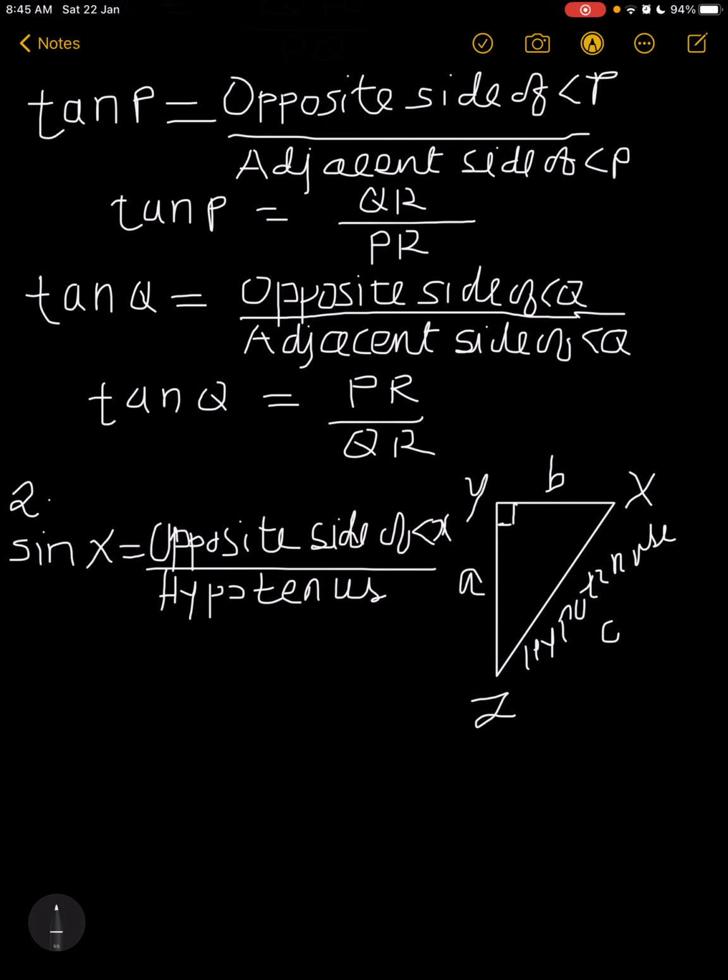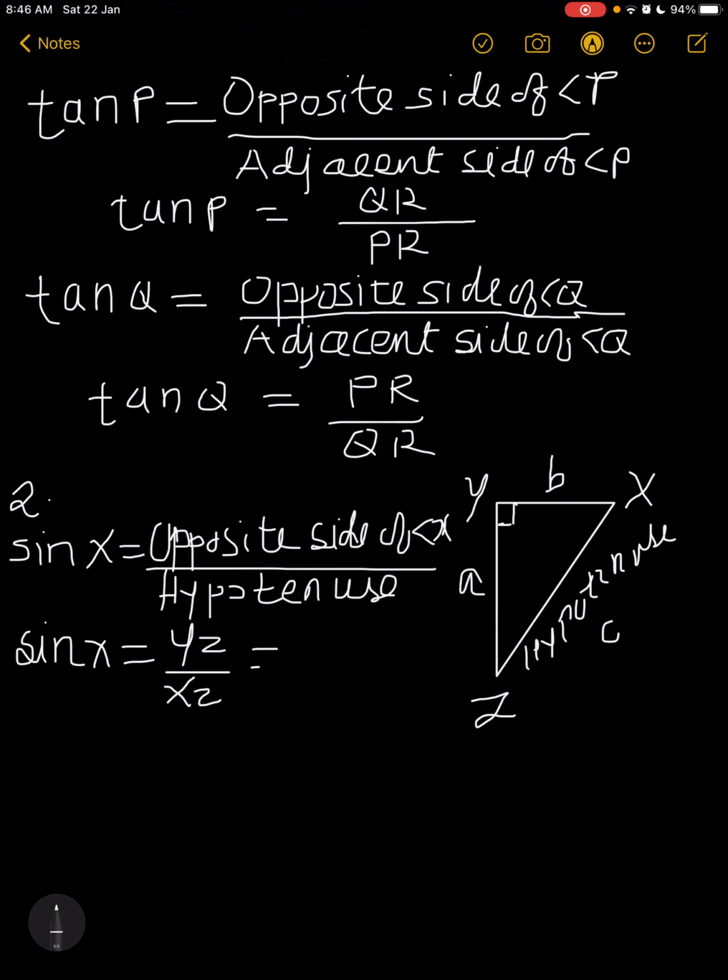This ratio is called the sine ratio. Hence, sin X will become: the opposite of angle X is YZ and the hypotenuse is XZ.